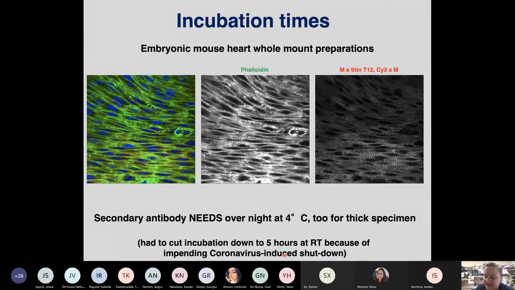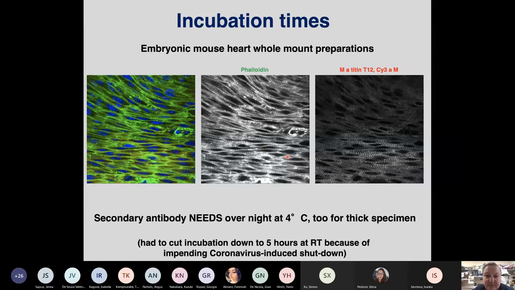So this is 0.2 millimeters of heart, and you bathe it in different antibodies. I usually bathe it in primary antibody at 4 degrees overnight, and in secondary antibody at 4 degrees overnight. But because they were threatening to lock us up, I thought, 5 hours at room temperature may also be okay. Let's try it.